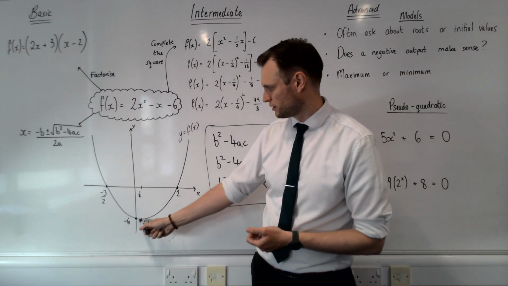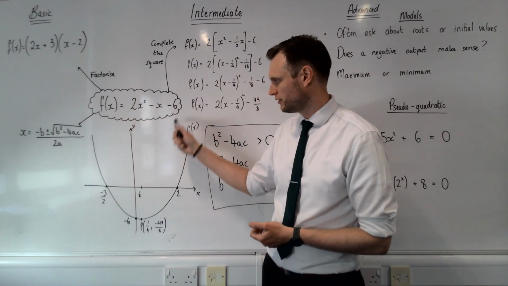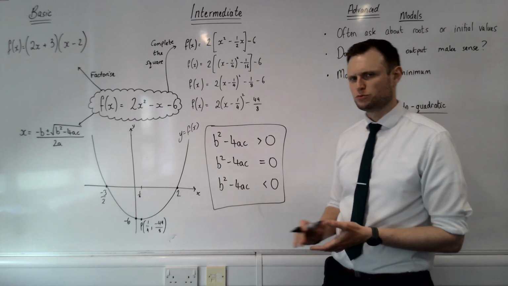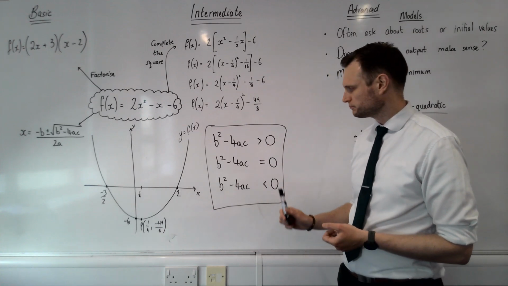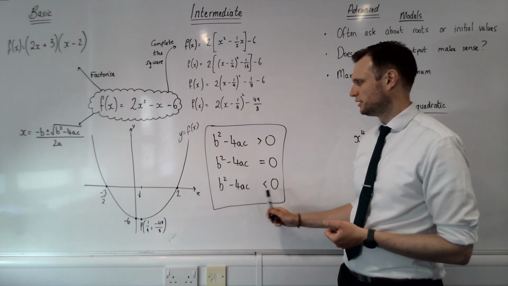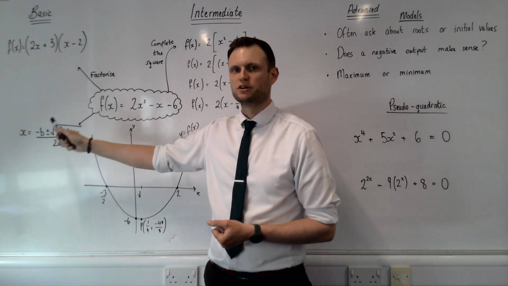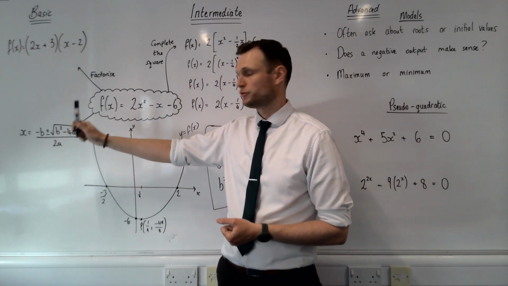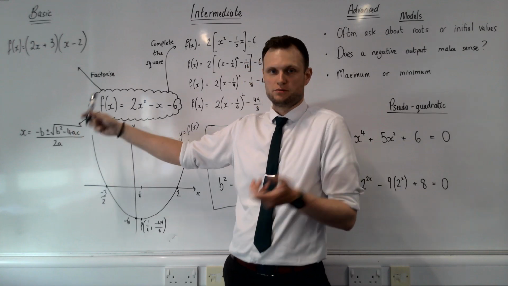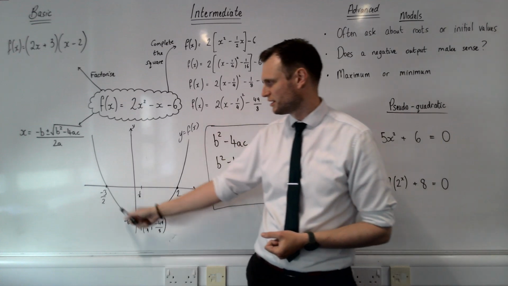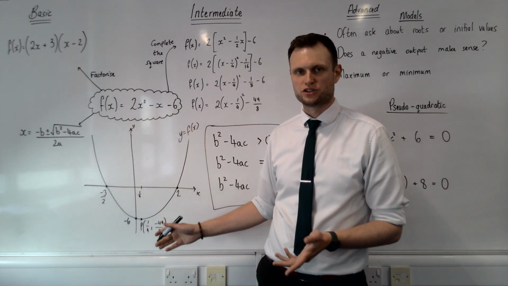It's when the turning point is on the x-axis, it kind of goes to the x-axis and bounces off. You do more of that in, I think it's chapter 4. And if it's less than 0, if the discriminant is less than 0, that means that you're trying to take a square root of a negative number. Now, unless you do further maths, that's not a thing, it doesn't give you a real answer, and so what that represents is this curve never actually touches the x-axis.